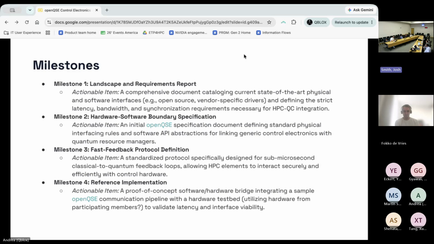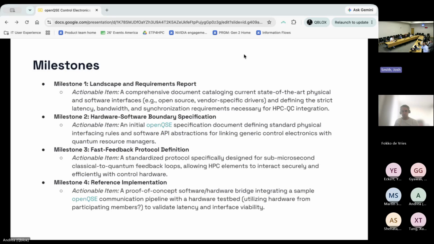Andrea, then won't each of those be platform and vendor specific, at the final level? Yeah, I was thinking the first milestone is to actually look at all of the vendors that are part of openQSE, if they're open to sharing that information: the software interfaces currently, what the latencies and bandwidths are, and how you transfer information in and out of the QPU, to inform those decisions.